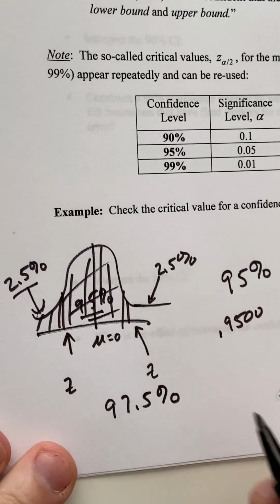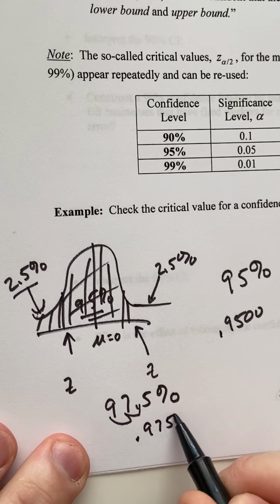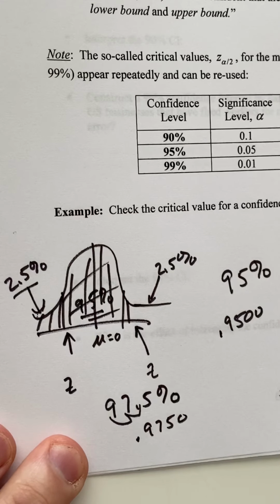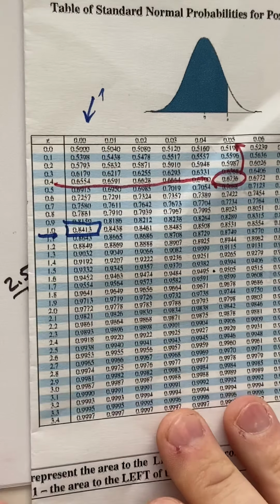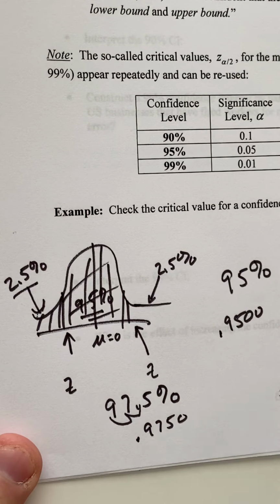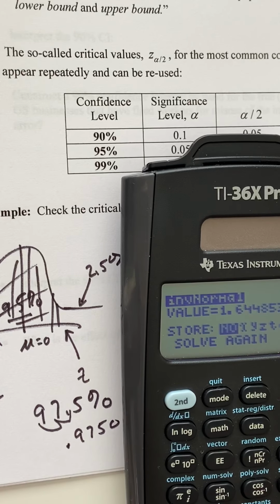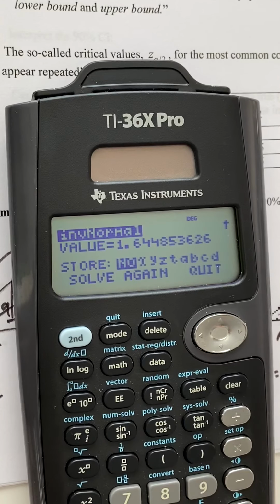So we need to reverse lookup 0.9750. We can do that on page 2, or we can use our calculator. We want to do this computation with our calculator again.